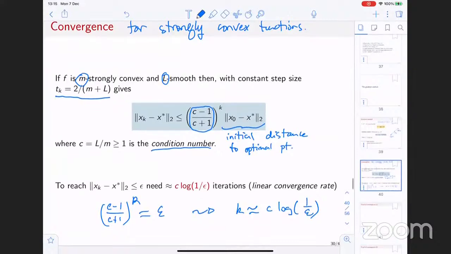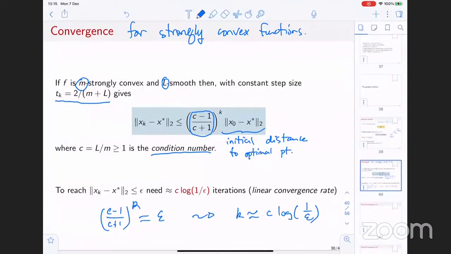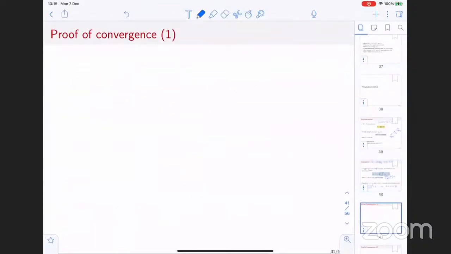Okay, so let's now prove this result. Let's write first the iteration rule from the gradient method. That's x_{k+1} is equal to x_k minus t_k times the gradient of f at x_k.